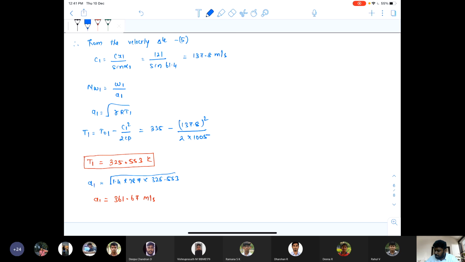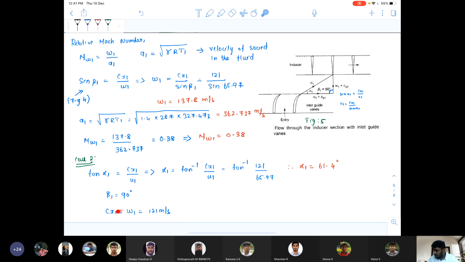Now you should find the value of MW1 considering the inlet guide vane in the inducer section. The value of MW1 will be equal to W1 divided by A1. According to this diagram, Cx1 is equal to W1, so we can substitute the value of Cx1 as W1.